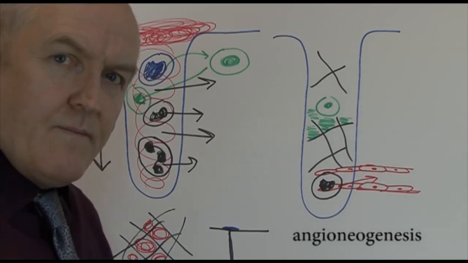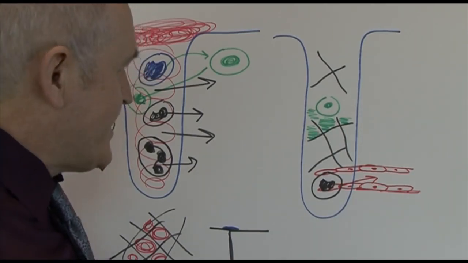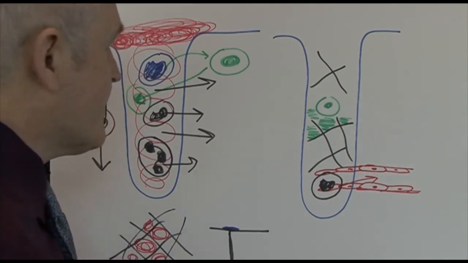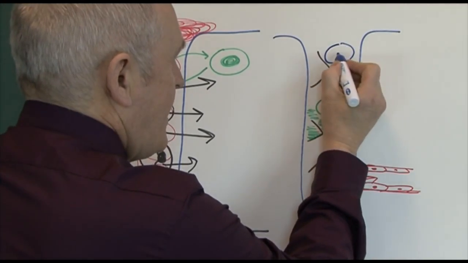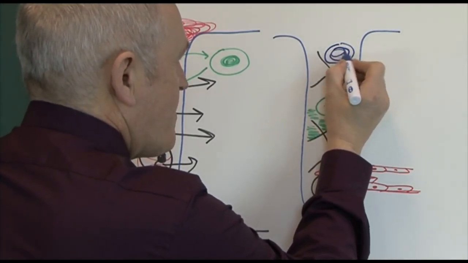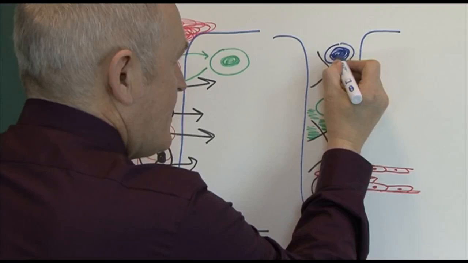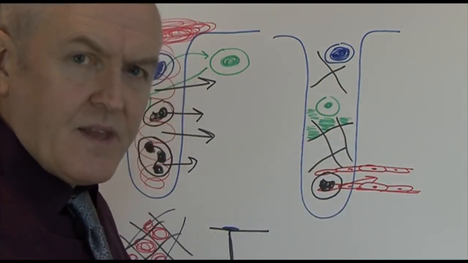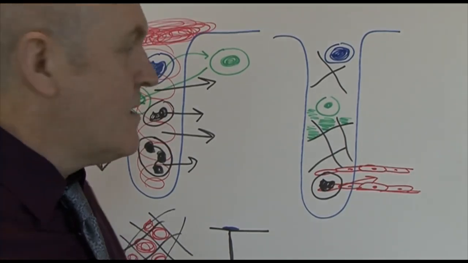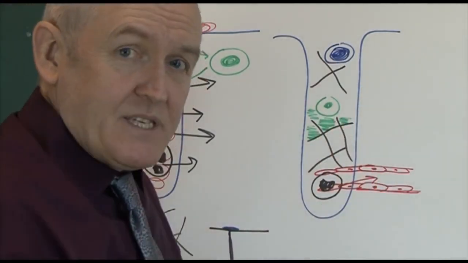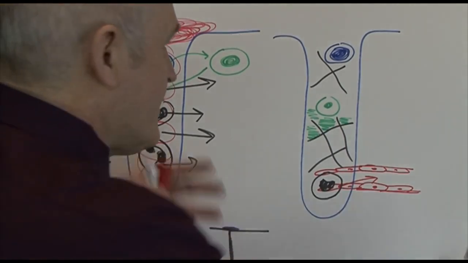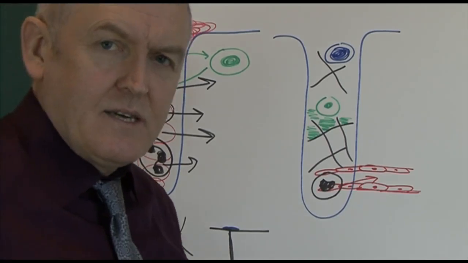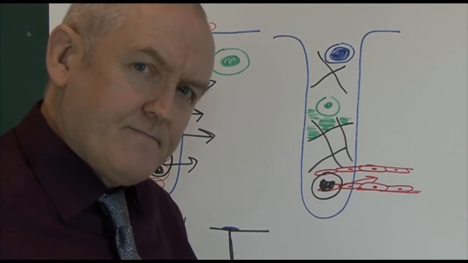And also, another type of white cell is attracted into the wound, the lymphocytes. And when you get a proliferation of B lymphocytes, that forms a type of cell called a plasma cell. So we get the infiltration of plasma cells into the wound.